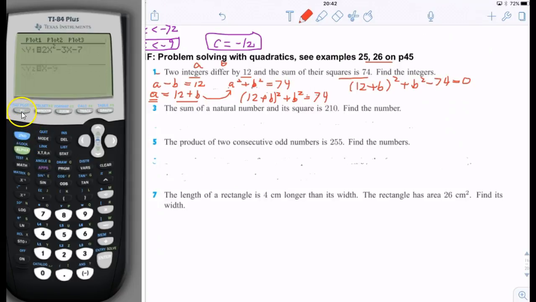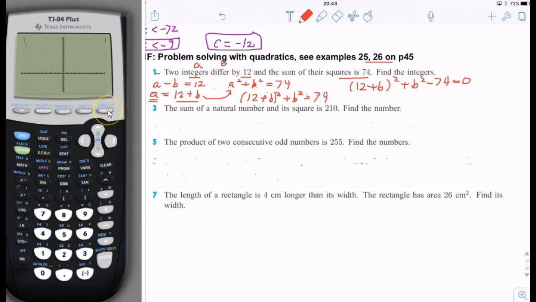So we'll do y equals, and we'll put parentheses 12 plus b. Instead of b, we're going to put an x, because with the calculator it always has to be x. Squared, and then we'll put plus x squared, and then we'll put minus 74, and then we'll delete this one down here.